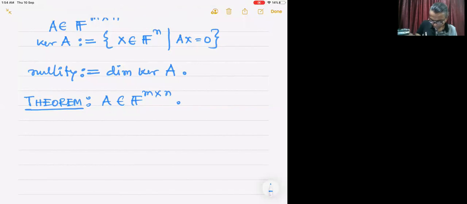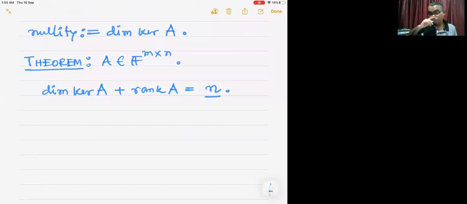Then the dimension of the kernel of A plus the rank of A is equal to n, which is the dimension of the domain of definition of A. This should not come to you as a surprise, because I'm not going to do the proof. I'm just going to give you enough hints, a sketch of the proof. You can do the proof yourself.